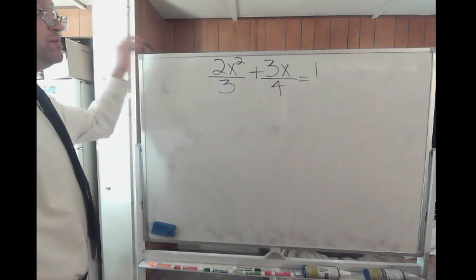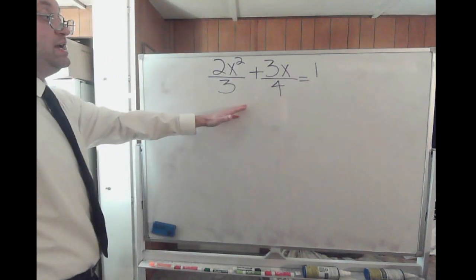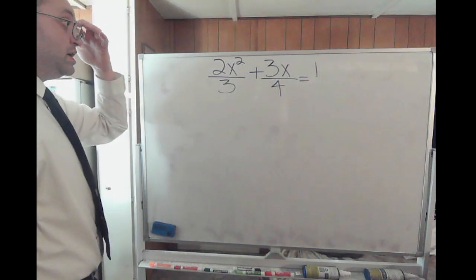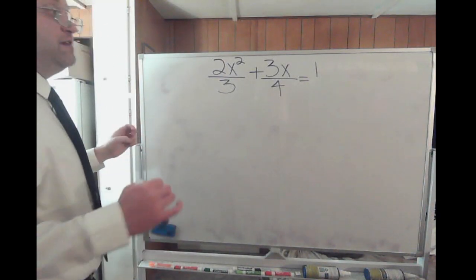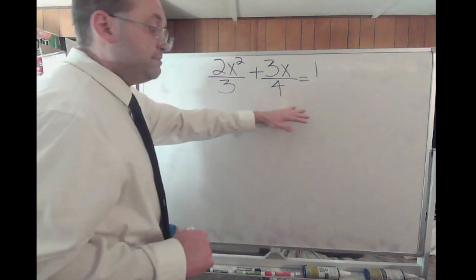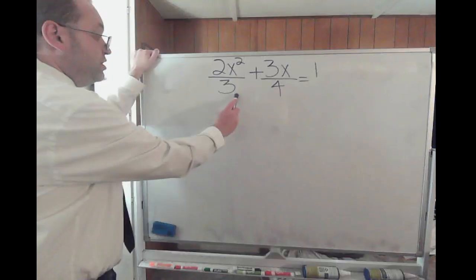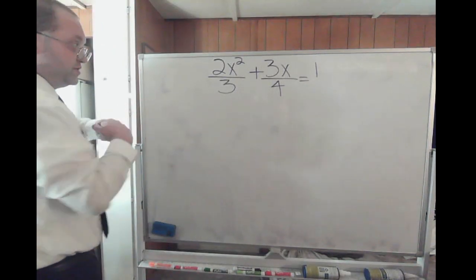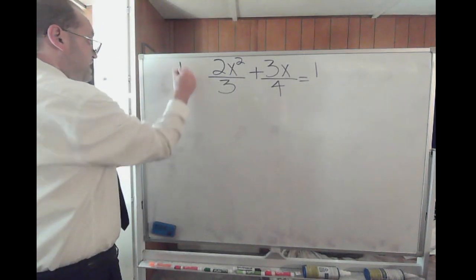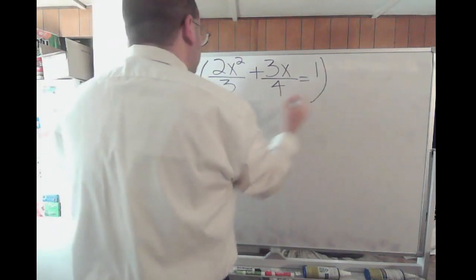It's 12. Yeah, the right side's a perfect square, but the left side's clearly not, so there goes that. Before we can even think about factoring or anything else, we need to get rid of these denominators. So the least common multiple of 3 and 4 is 12, so now we'll multiply both sides by 12.